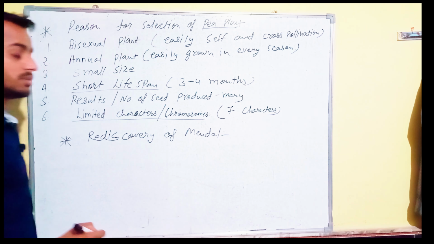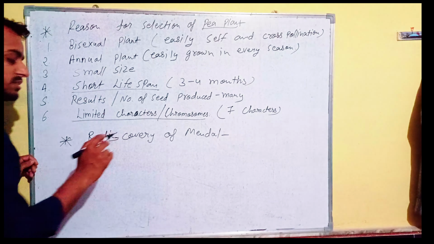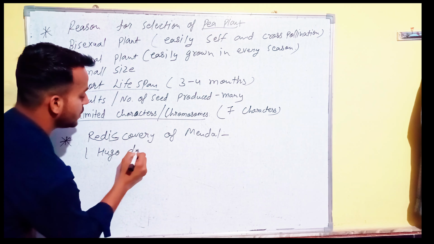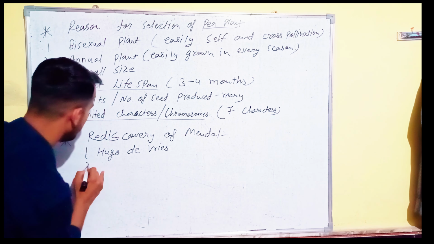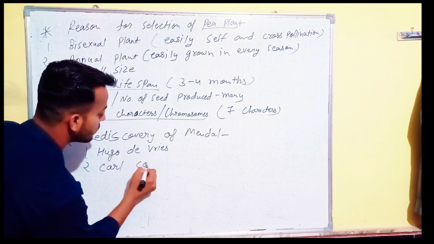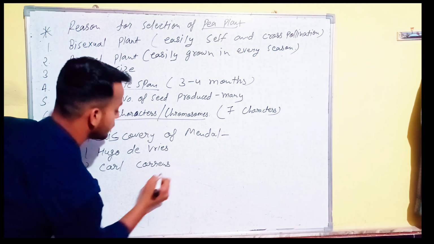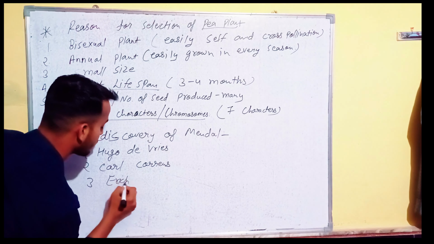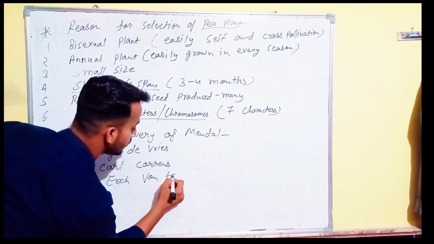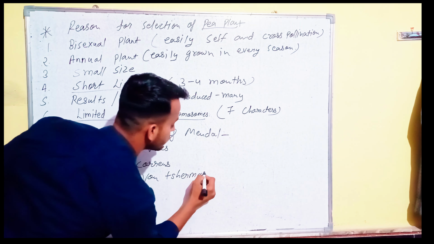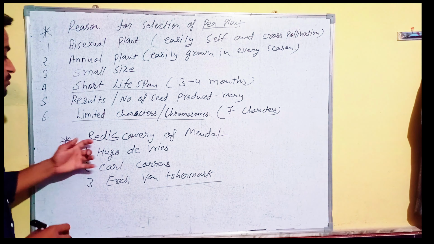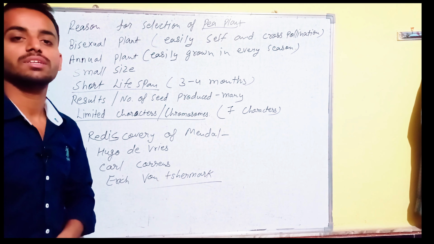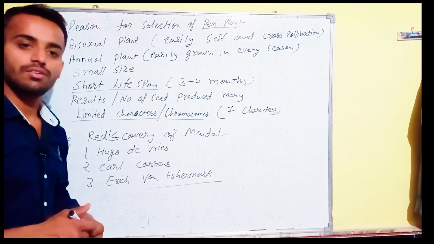Those 3 scientists were Hugo de Vries, second Carl Correns, and third Eric von Schermark. So these were the 3 scientists, Hugo de Vries, Carl Correns, and Eric von Schermark, that rediscovered Mendel's results.